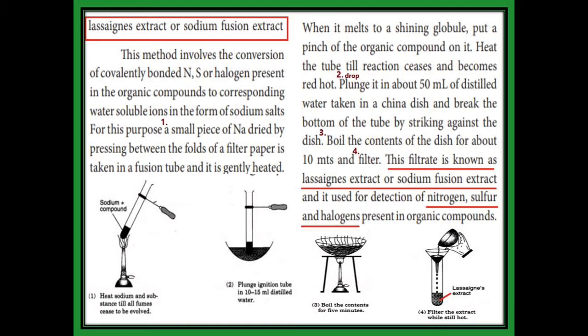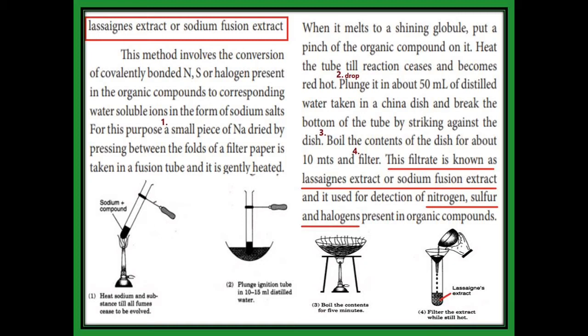See the first diagram. The fusion tube that contains sodium metal as well as organic compound is heated to red hot. This is the first step. Then the second step, that fusion tube is dropped into 50 ml of distilled water taken in a china dish.